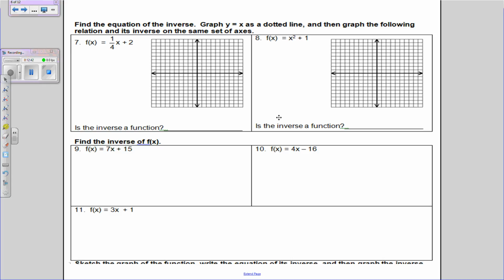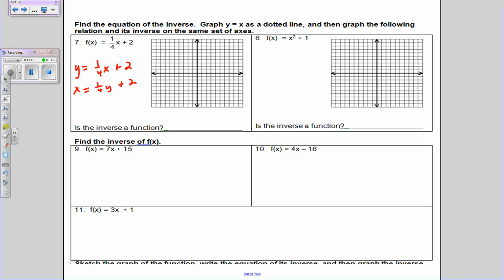Okay, number 7 wants us to find the equation and graph the inverse on this one. So first, we're going to do the same process we did before. We're going to switch x and y, so we need to first write it with y equals 1/4 x plus 2. Then we're going to switch x and y, x equals 1/4 y plus 2.